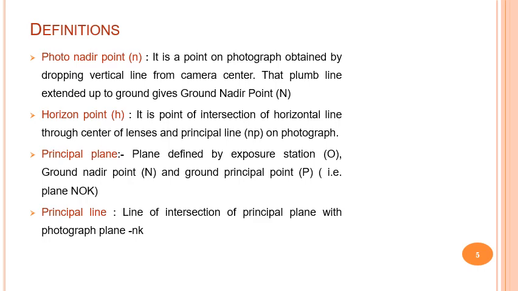Another definition: the principal plane is defined by the exposure station O, ground nadir point N, and ground principal point P, that is NOK, the principal plane. Principal line: the line of intersection of the principal plane with the photograph plane, that is NK.